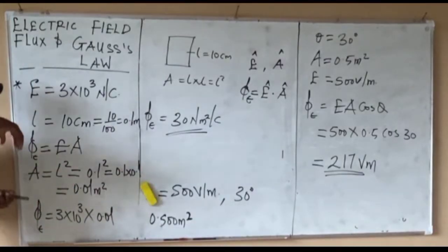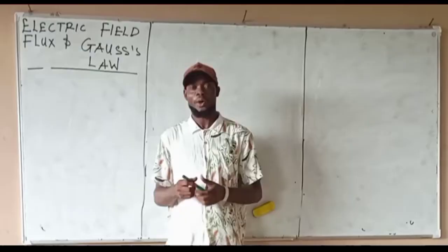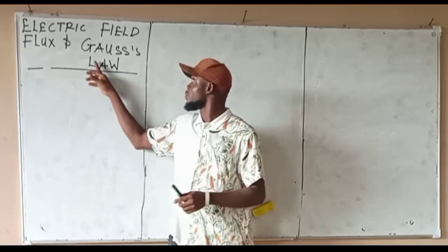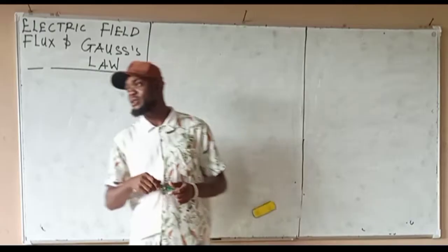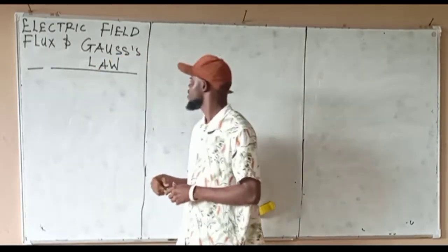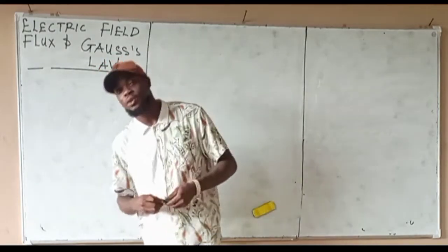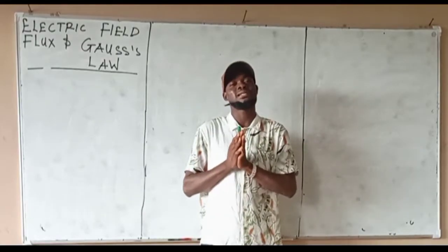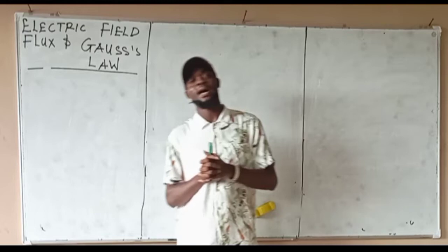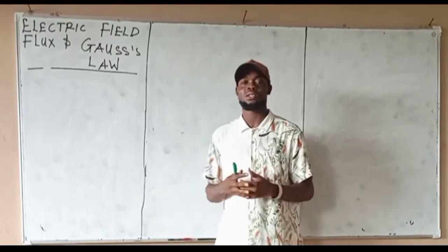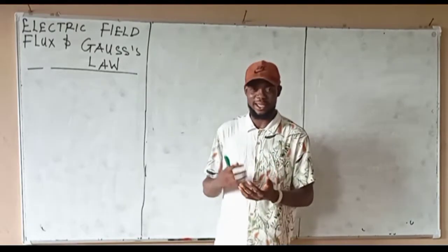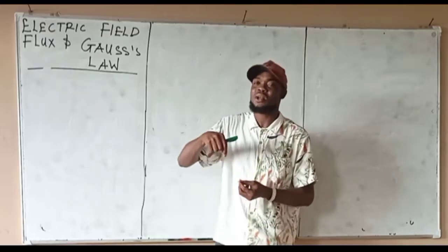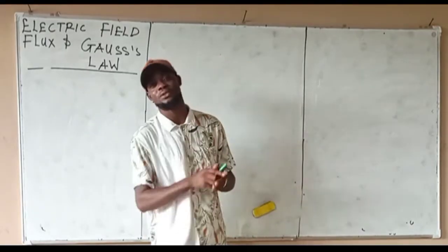Now, let's look at Gauss's law. This is the second aspect of today's class. What is the meaning of Gauss's law, and why do we need it in this topic? Gauss's law helps us to calculate the electric field flux leaving a closed surface without regard to the area of that surface.